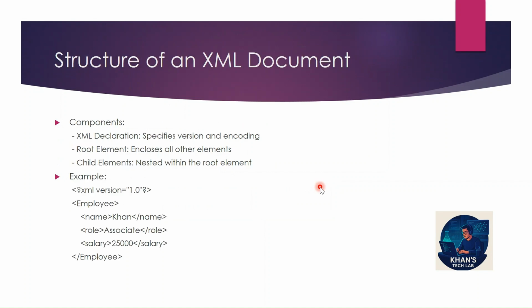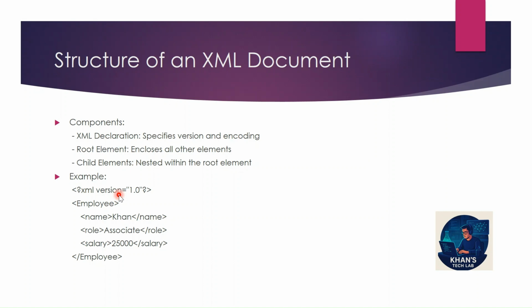Now, let's understand the structure of an XML document. Here you can see in the example, there are a couple of tags, this one and employee. The first one is nothing but the declaration. For example, what is the version of that XML document, what type of encoding has been used, and then any other XML namespace, anything can be added there.